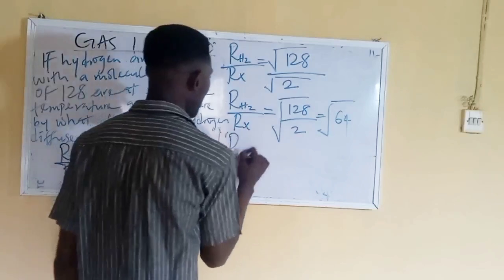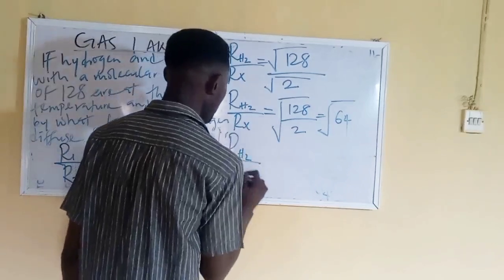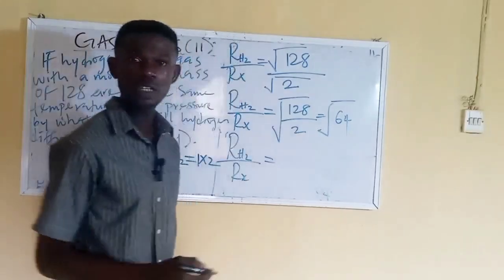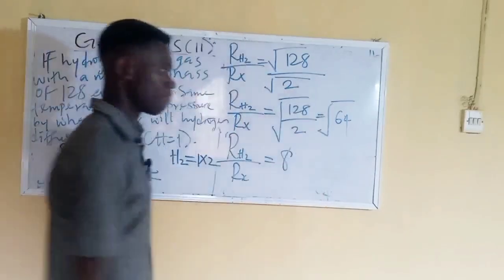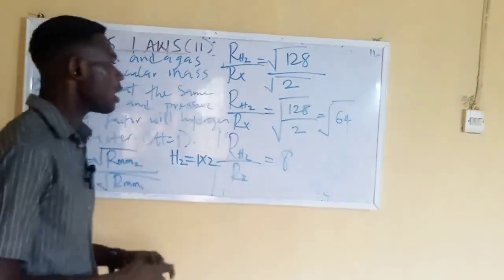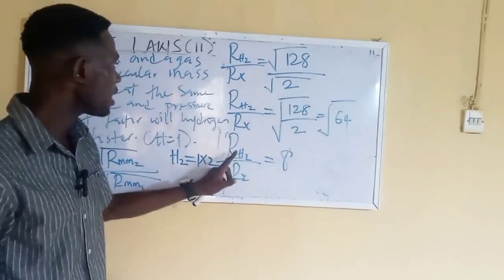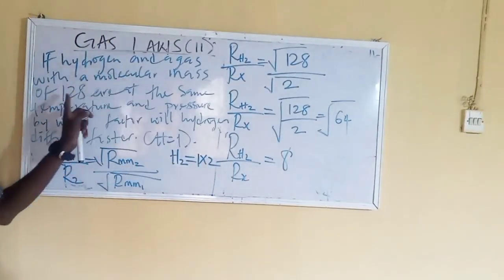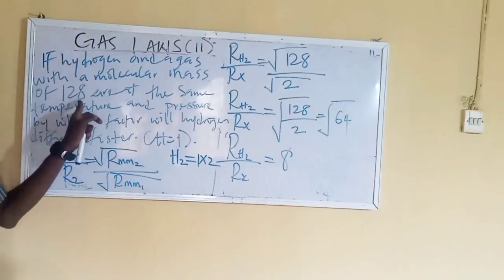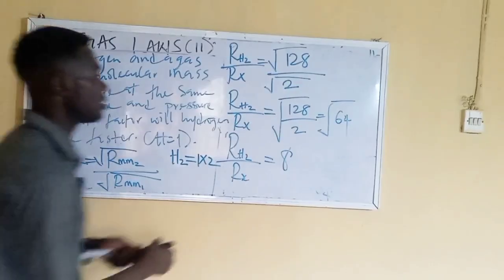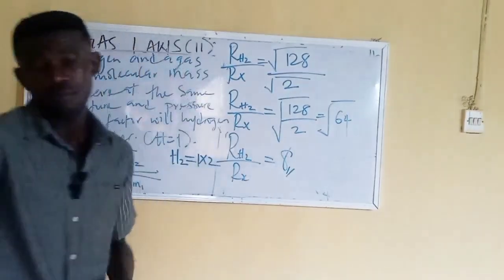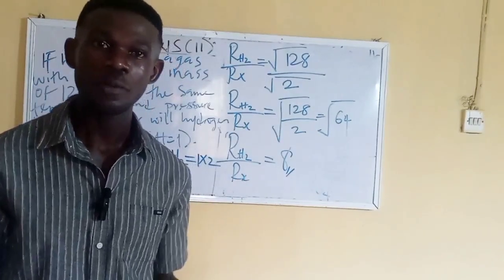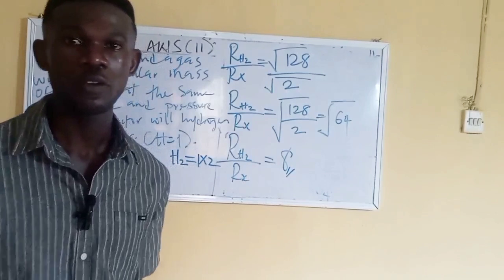So you have RH2 over Rx will be given as, root 64 is actually given as 8. So that means by what factor will hydrogen gas diffuse faster than this gas that has the relative molecular mass as 128? The answer is 8. That's actually how to answer questions on Graham's law of diffusion.